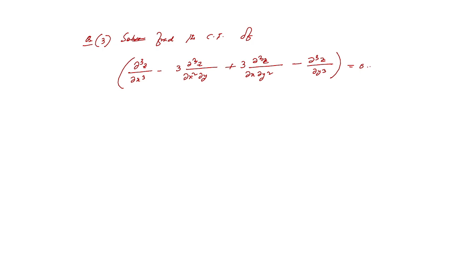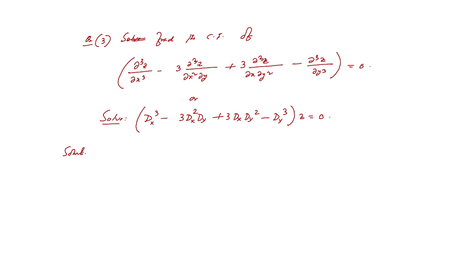Because it is a homogeneous equation, you can also write the question as: solve (Dx cube minus 3 Dx square Dy plus 3 Dx Dy square minus Dy cube) z equals 0. In that way the question can be asked.